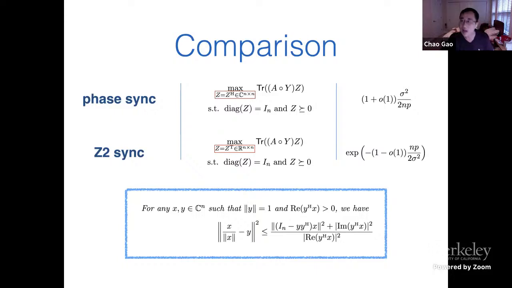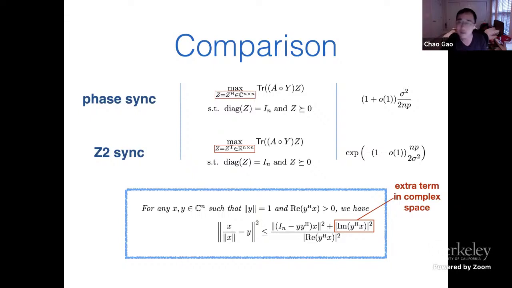Okay. Now, on the right-hand side, you look at the numerator. You notice this term, which only depends on the imaginary part of y transpose x, right? And this turns out to be the term that is only present if you have complex x and y. If you replace the setting by real x and y, then this term disappears.